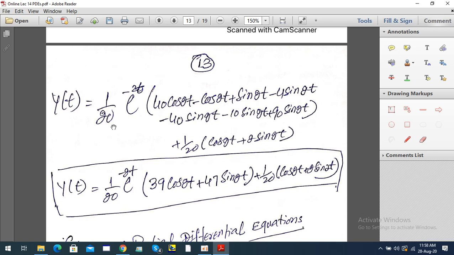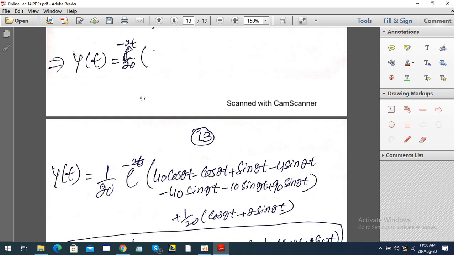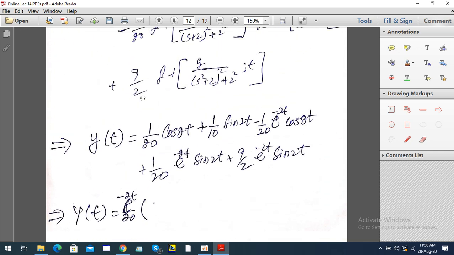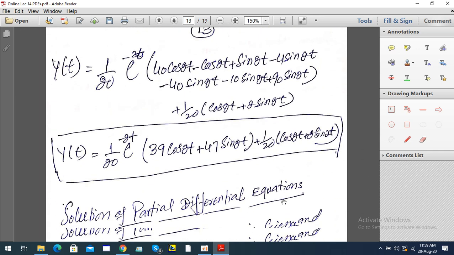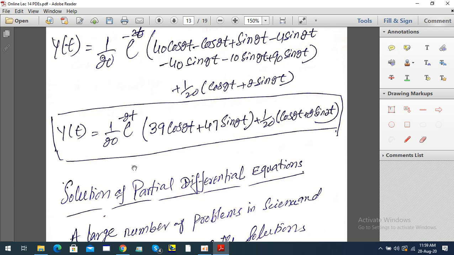Okay, I have taken 1 by 20 e power minus 2t common. So the last answer will be 1 by 20 e power minus 2t.